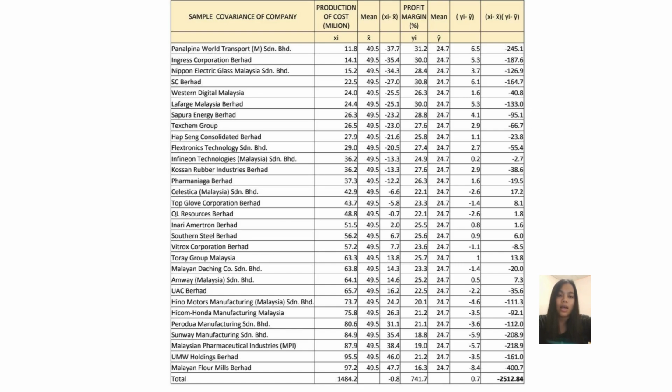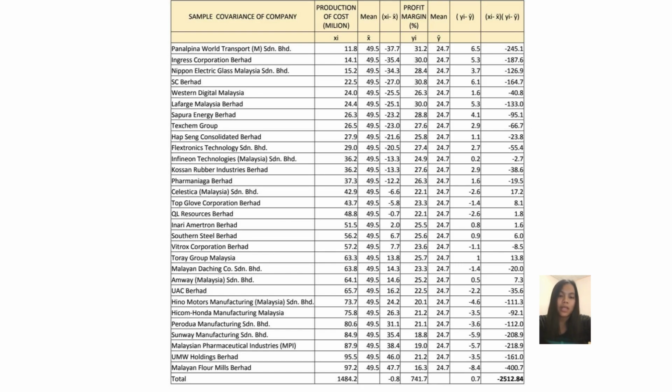Next, I'm searching for the deviation for yi and y bar. Same also, I'm searching for the mean, which is the total profit margin I divide by number of companies. 741.7, I divide by 30, so I get 24.7200. So subtract the mean from each data point.